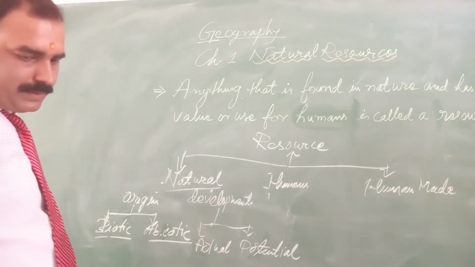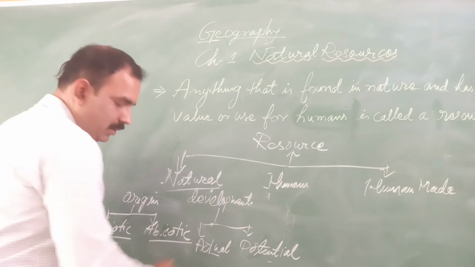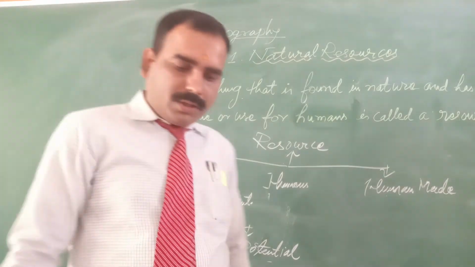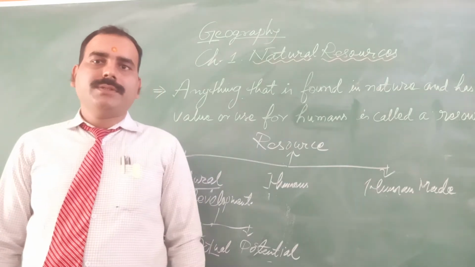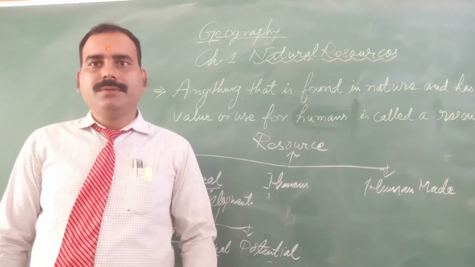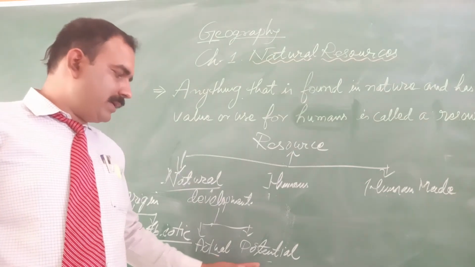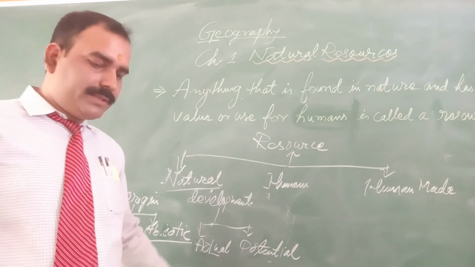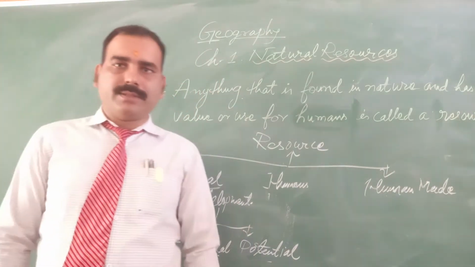So dear students, on the basis of their stage of development, natural resources can be divided into two groups, actual resources and potential resources. So what are actual resources?